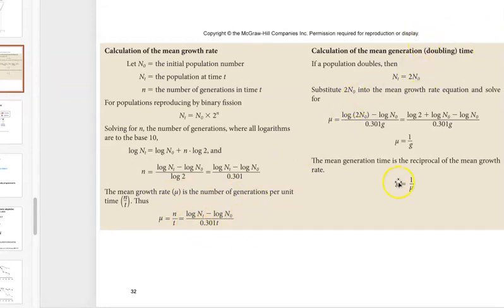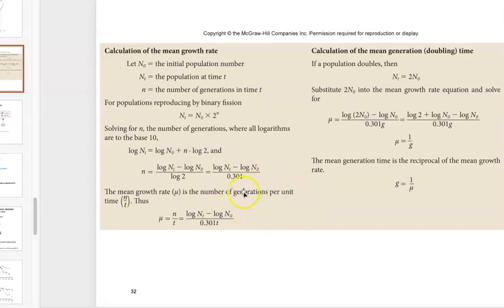The doubling time g equals just 1 over the rate. And so again, the simplest way to look at it is if your doubling time is 20 minutes, for example, meaning the population doubles every 20 minutes, then your growth rate, which is the number of generations per unit time, and usually this is generations per hour.